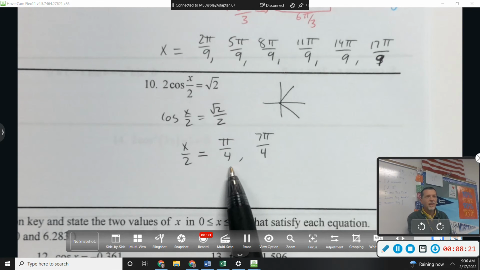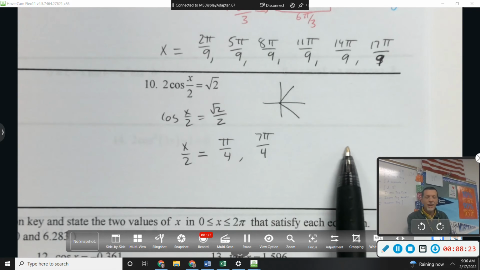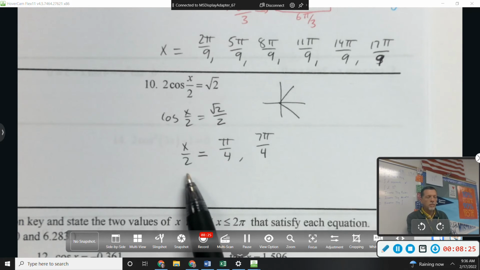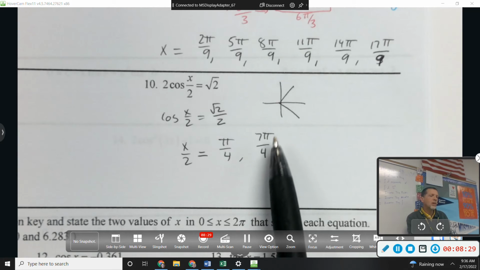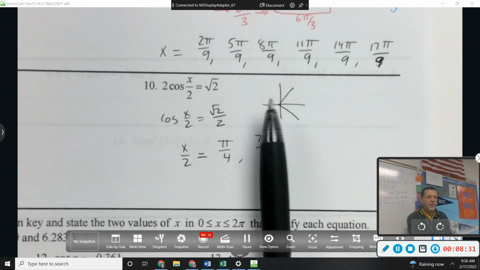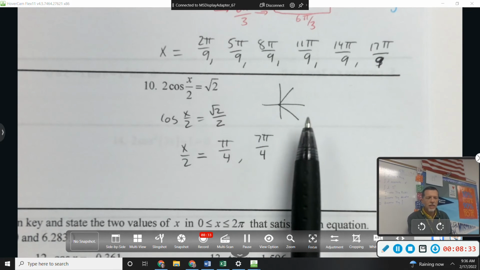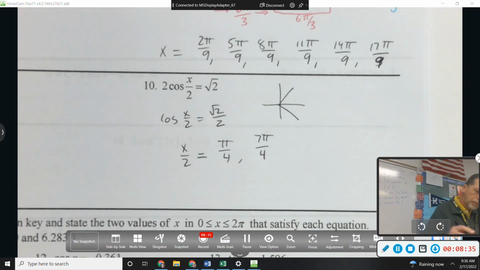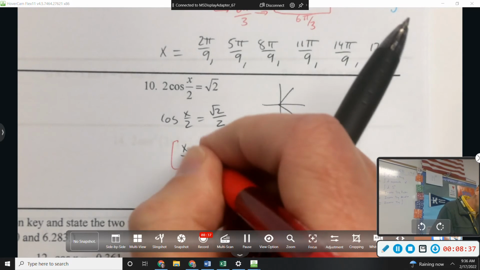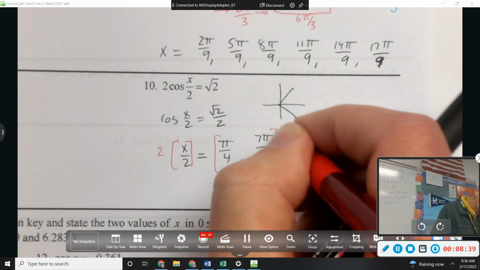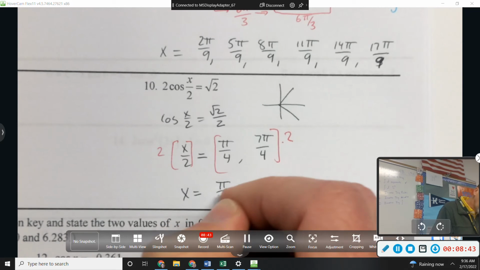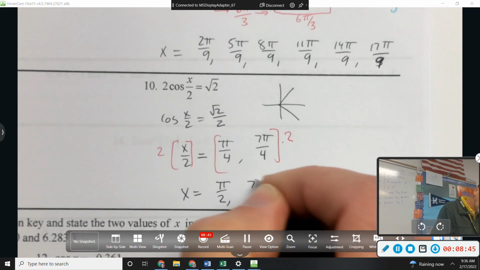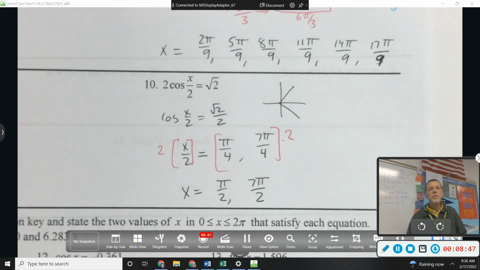Wait, does that mean times 2? I definitely don't need to add any more. So let's times 2 and then see where we're at. Because sometimes it's going to cut the number of answers in half, but sometimes it's not. So let's times by 2 to get x by itself. So that would be pi over 2 and 7 pi over 2, because the 2 and the 4 reduce.